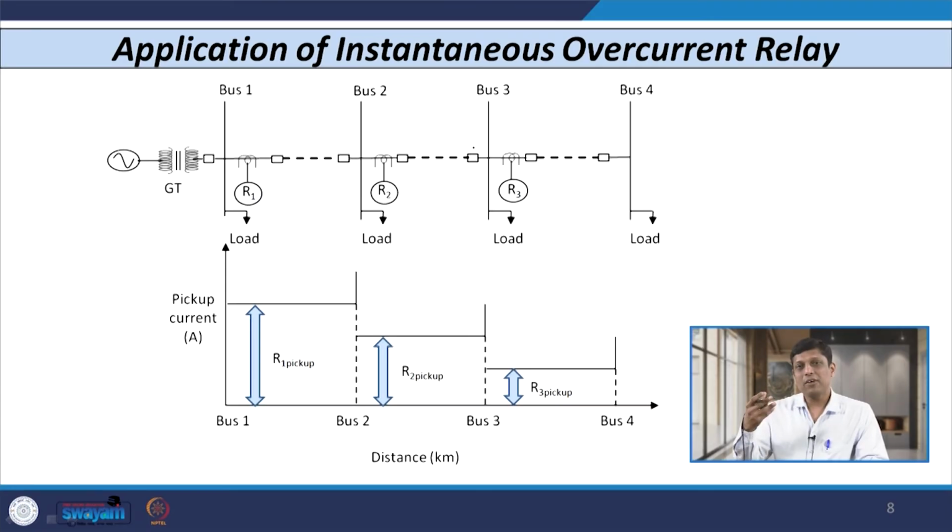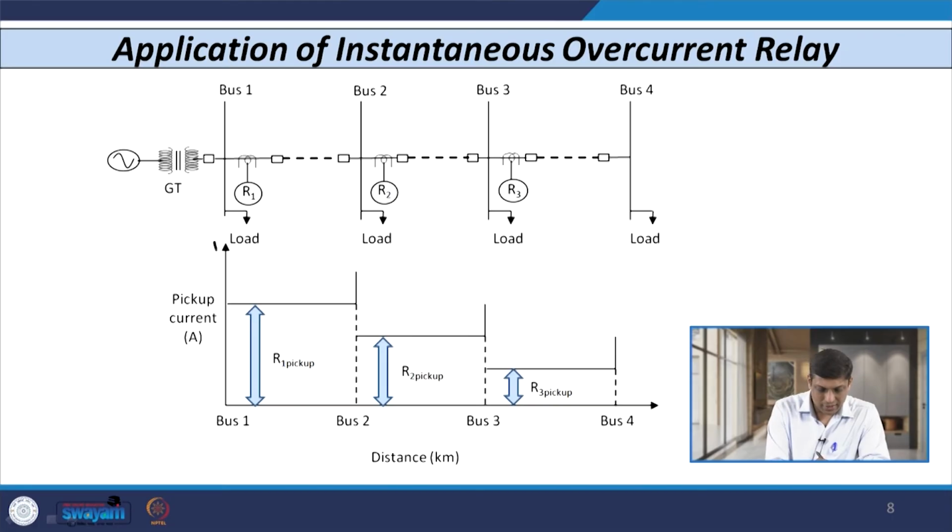So, the pickup of relay R3, or plug setting of relay R3, is minimum, and as we move further towards the source, from R2 to R1, the pickup of the relay goes on increasing. As I draw this, bus 1 line below, bus 2 line below, bus 3 line below, bus 4 line, this indicates the bus number.